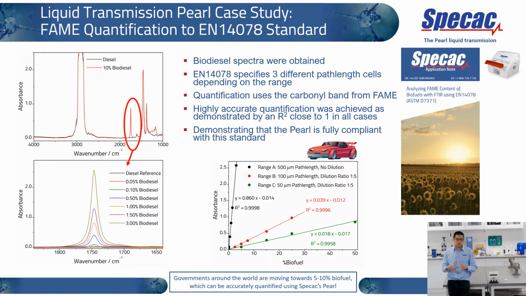And you can see that it's highly accurate because of the R-squared values in all 3 of them. So you're always getting 0.99, 0.99 and 0.99, in all 3 of the plots. So this fully demonstrates that the Pearl is compliant with this standard EN 14078.